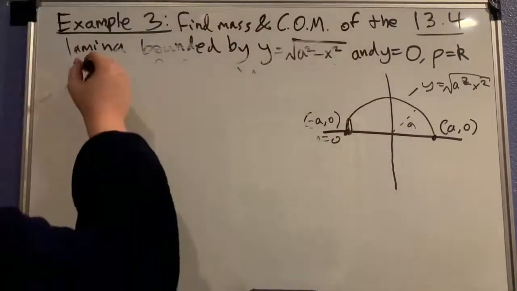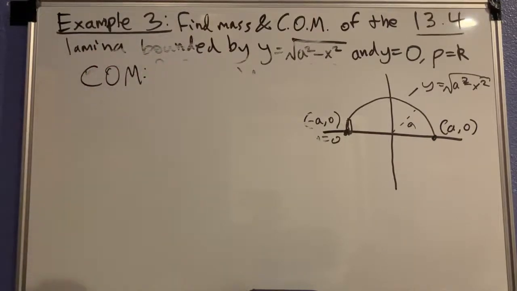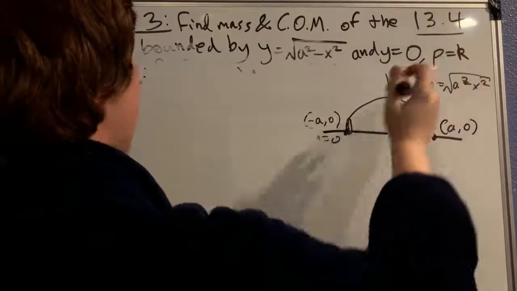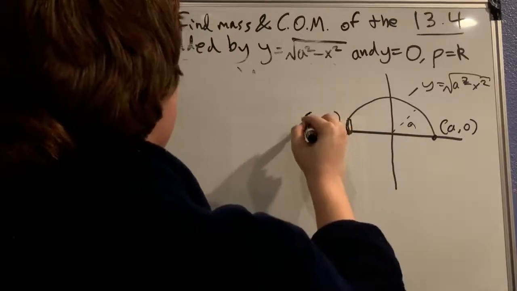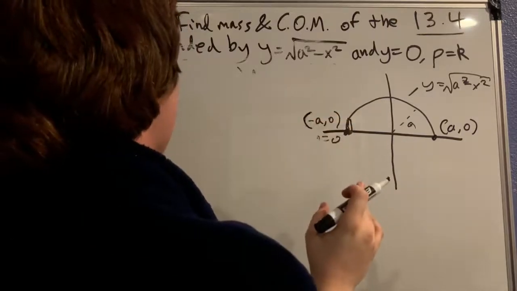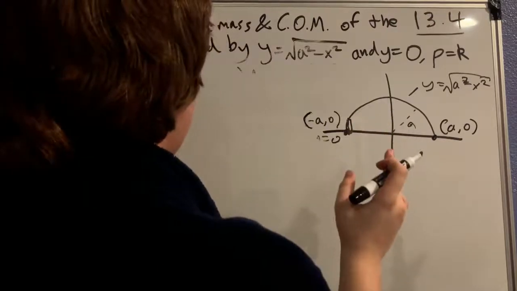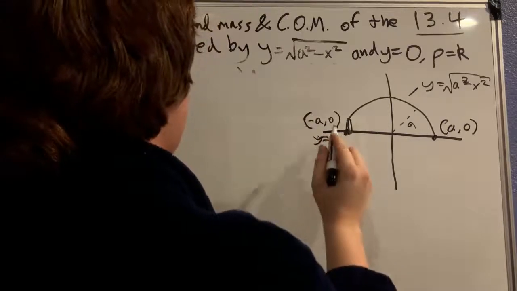Next, we have to find the center of mass. If you look at it, the density is just a constant, so it's uniform density around this whole thing. When it is uniform density, or even sometimes when it's not, I want you to always look for symmetry. If you look for symmetry, sometimes you will find shortcuts.